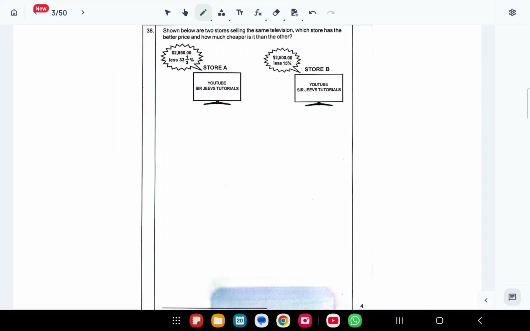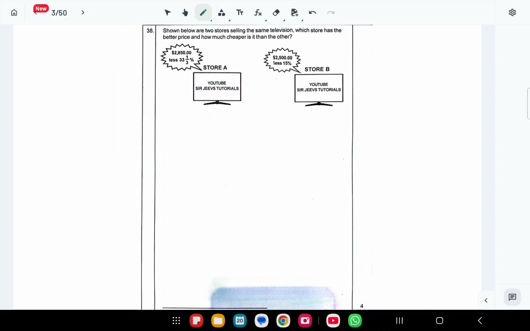Moving on now to number 38. Shown below are two stores selling the same television. Which store has the better price, and how much cheaper is it than the other? So basically what we need to do is to calculate the cost of the television from each store.